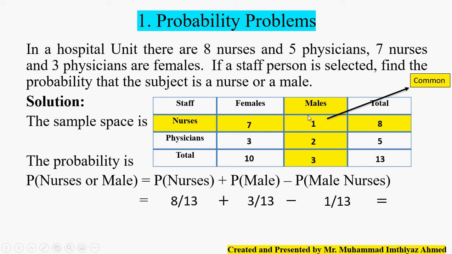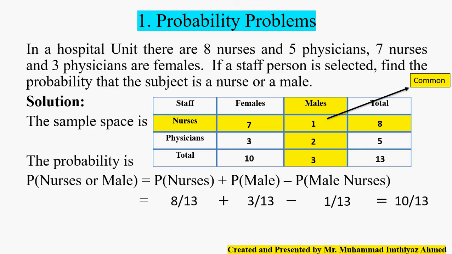So as you can see, I'm indicating with the arrow, and we need to add 8 plus 3 is 11, and 11 minus 1 will be 10 by 13. So I hope problem number 1 is clear.